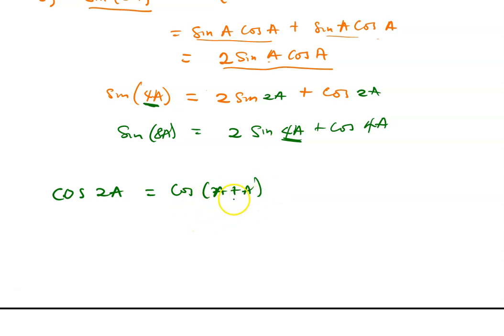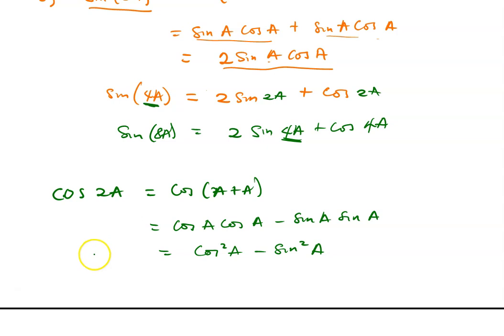And this is giving us cos A cos A minus sine A sine A. So this is the same as cos squared A minus sine squared A.